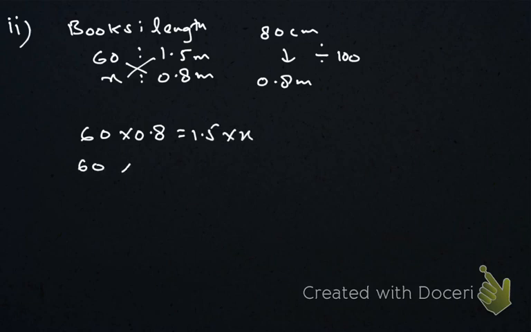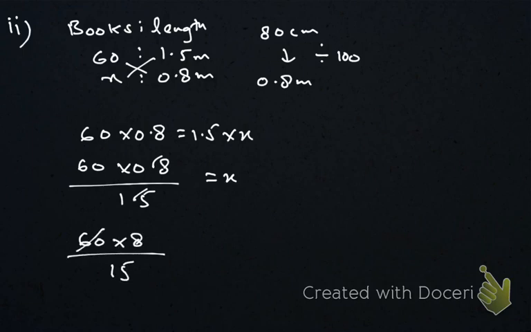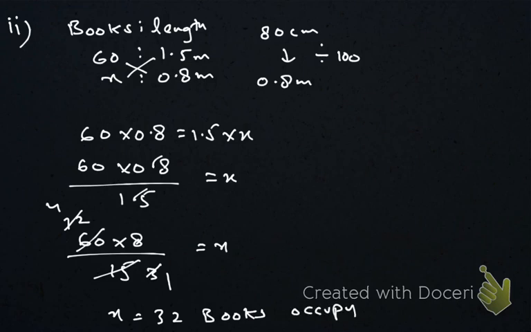So x equals 60 into 0.8 over 1.5. Remove the decimals. 60 into 8 over 15. 5 threes are 15, 5 12s are 60, 3 ones are 3, 3 fours are 12, 4 8s are 32. So you can say 32 books occupy 0.8 meters of the shelf.